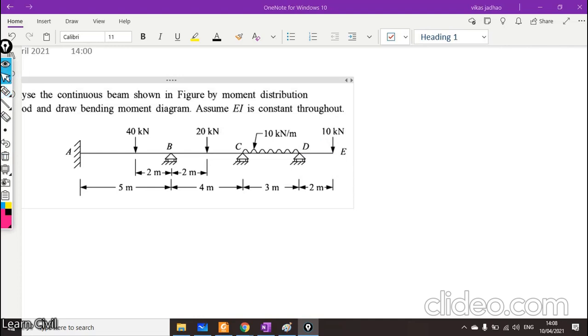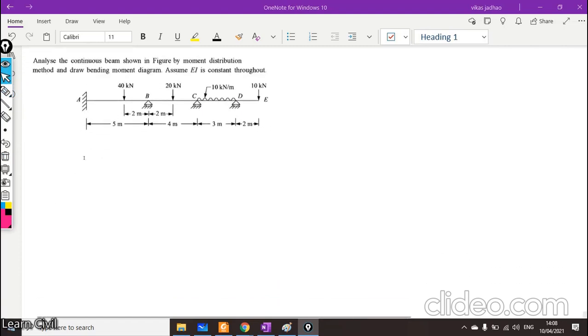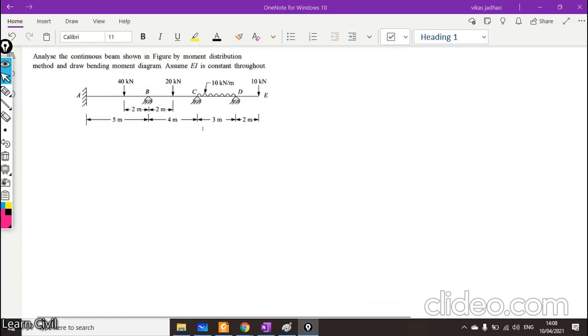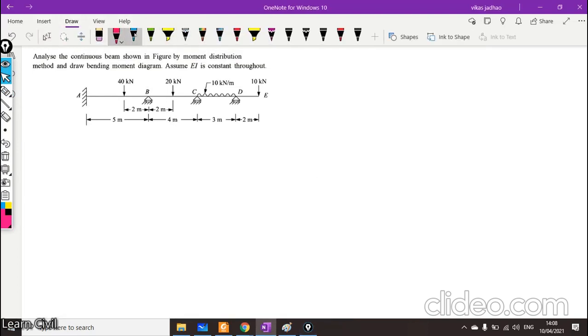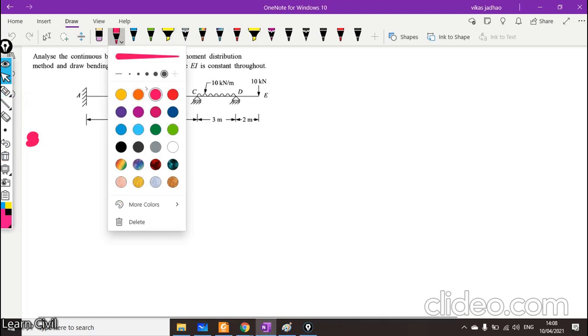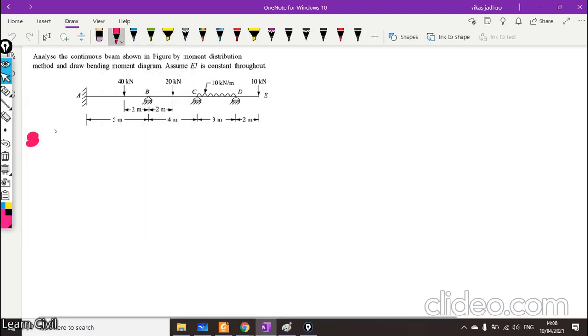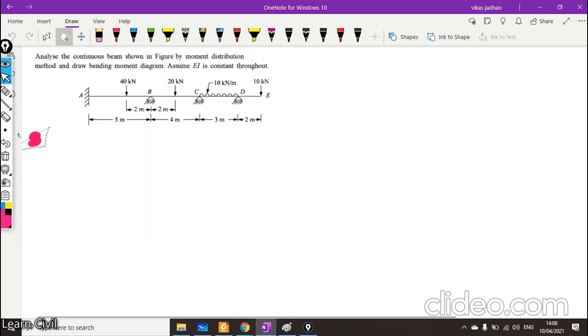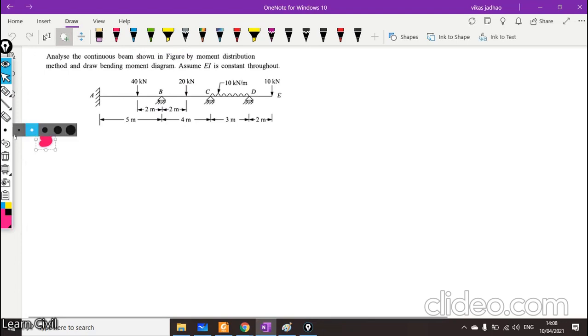We have to analyze this particular problem by using the moment distribution method. Okay, so we'll start with the solution. As usual, step number one for solving any problem of the moment distribution method is to calculate the fixed end moment.